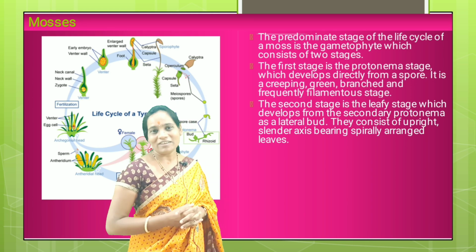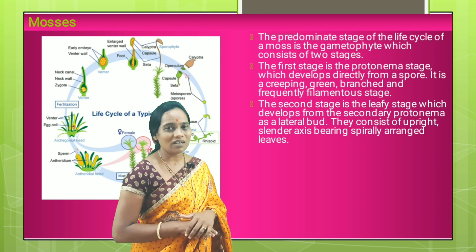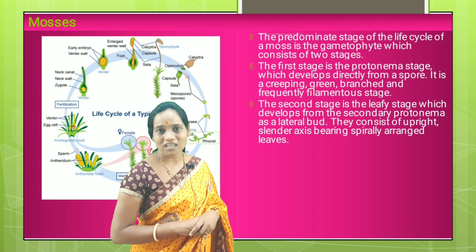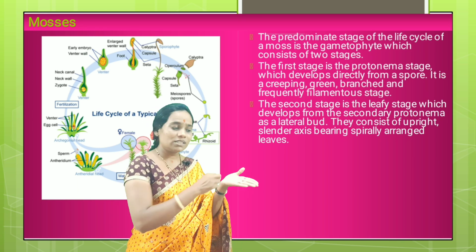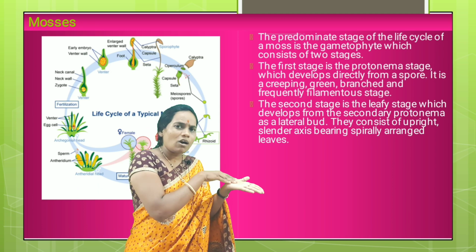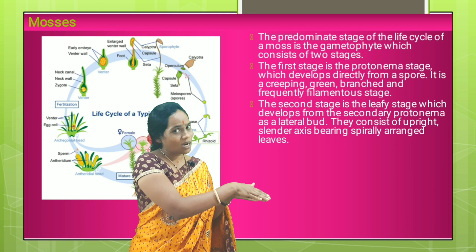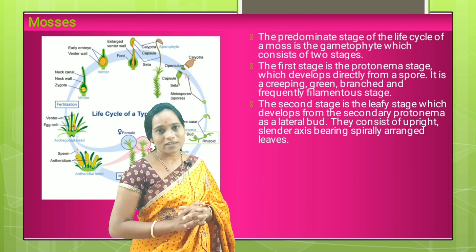This is the leafy stage. The first stage was protonema and the second stage is the leafy stage. The first stage is very simple, just a filamentous chain of cells creeping along the ground and branching while growing.